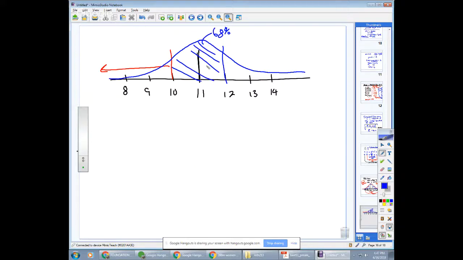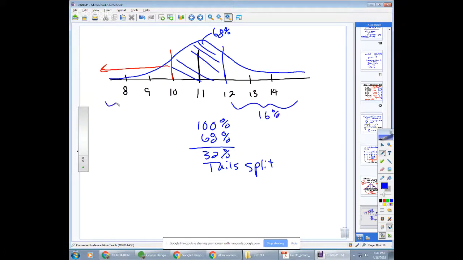So if there's 68% in the middle, what percent has to live in the tails? If I take 100% minus 68%, that's going to give me 32%. The tails have to split this, so half of that would be 16 on this side, and 16 has to be on that side. And that happens to be the left tail, which is what we want. So we could say 16% of the calls should be less than 10 minutes.